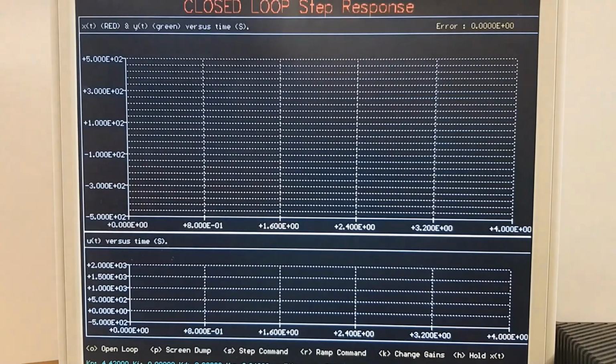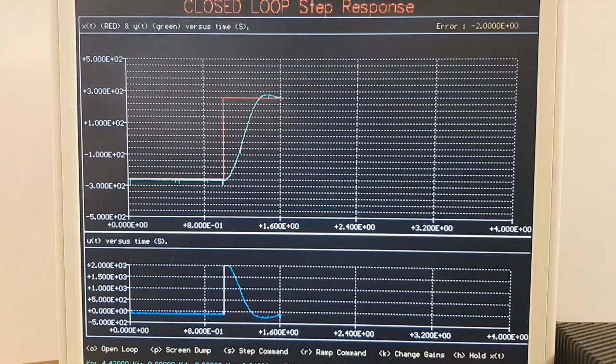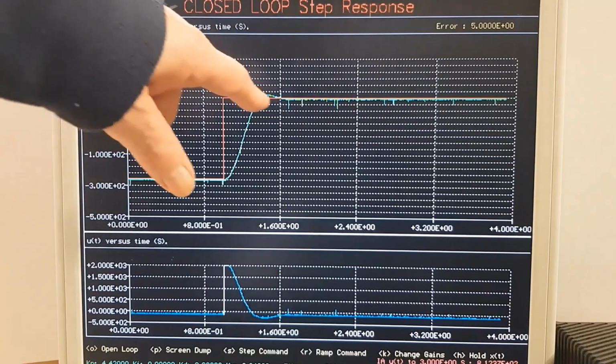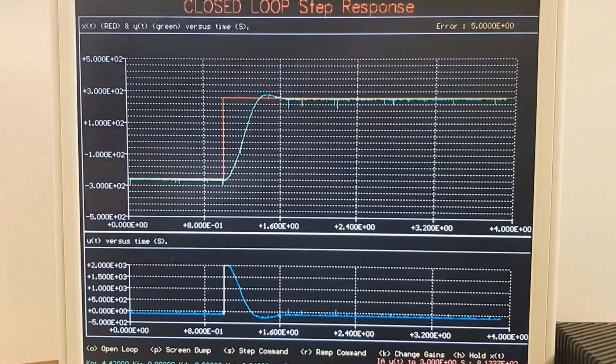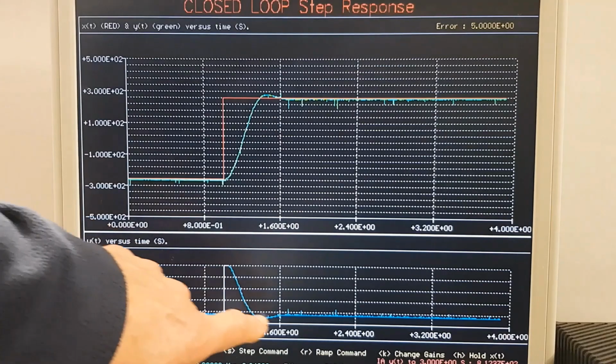So here the damping now at 0.7. And again, quite a small overshoot there, which is what we expect with damping of 0.7. So that's the one with a tacho. Notice again, nice smooth signal here.